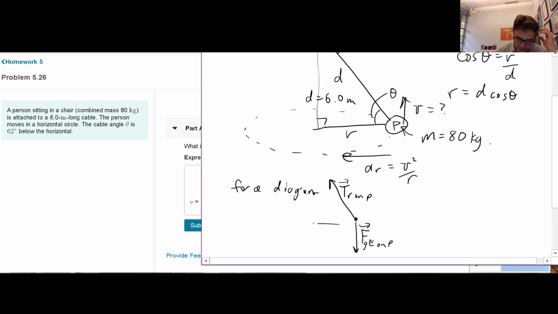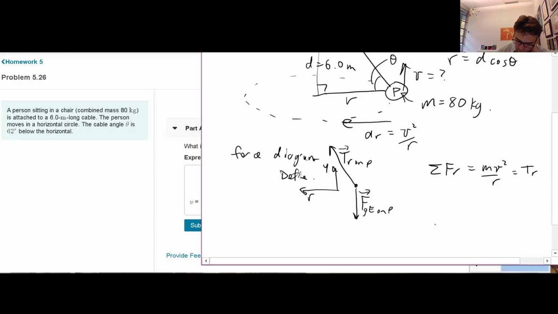The vertical force is balanced. We're going to define y to be up, r to be towards the center of the circle. And the main thing, I think, is that the sum of the forces in the r direction is going to be equal to the mass times v squared over r. And that's just going to be equal to the tension in the r component.